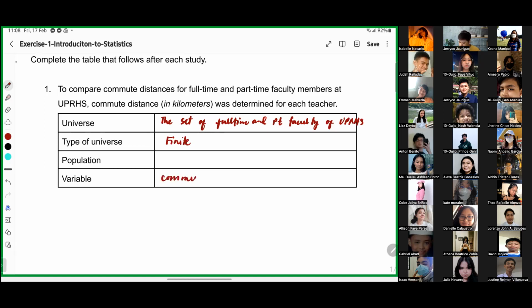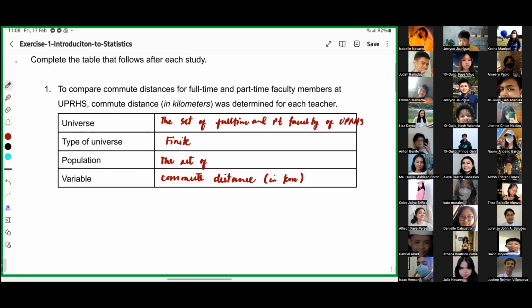Alright, so it's a commute distance. Can you read my penmanship? Yes po. Kilometers. And then, population natin ay? The set of full-time and part-time faculty members.